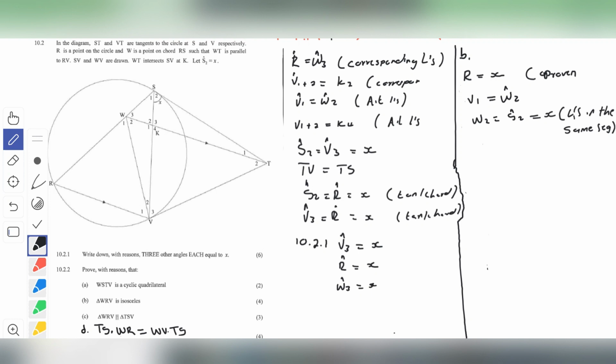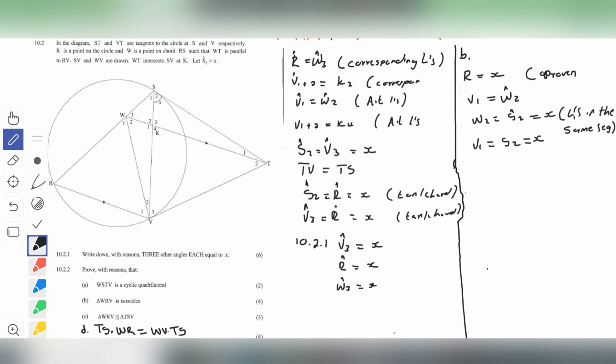Now because I know that this is a cyclic quad, we can see that V1 is equal to W2, which is equal to angle S2. V1 is equal to angle S2, they're both equal to X, right?